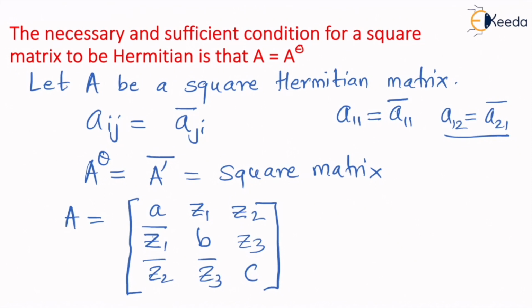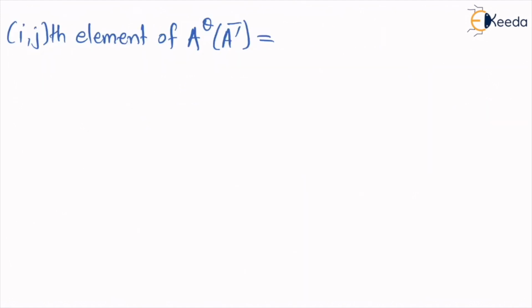Now let's move ahead. To prove that the matrix A is equal to the transpose conjugate of A, I will consider the ijth element of A theta, the transpose conjugate matrix. The ijth element of A theta is the conjugate of the ijth element of A dash, where the bar is nothing but a conjugate.